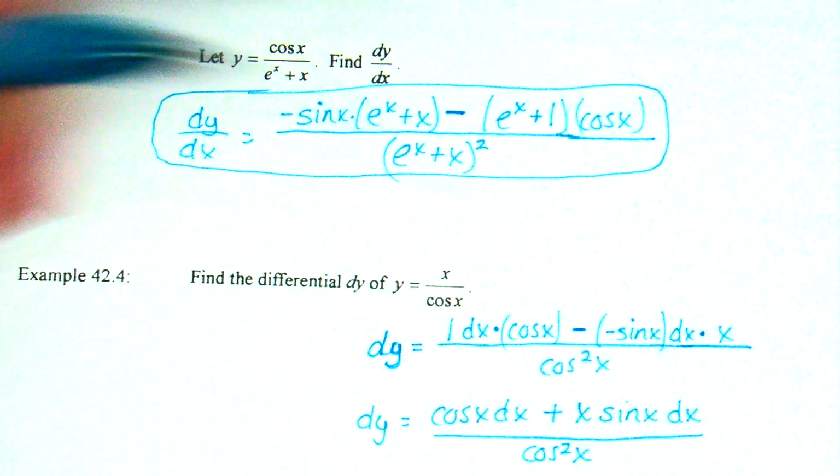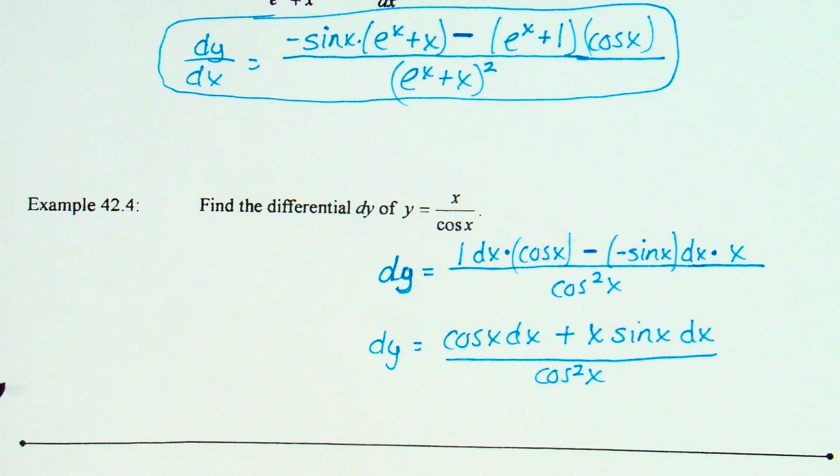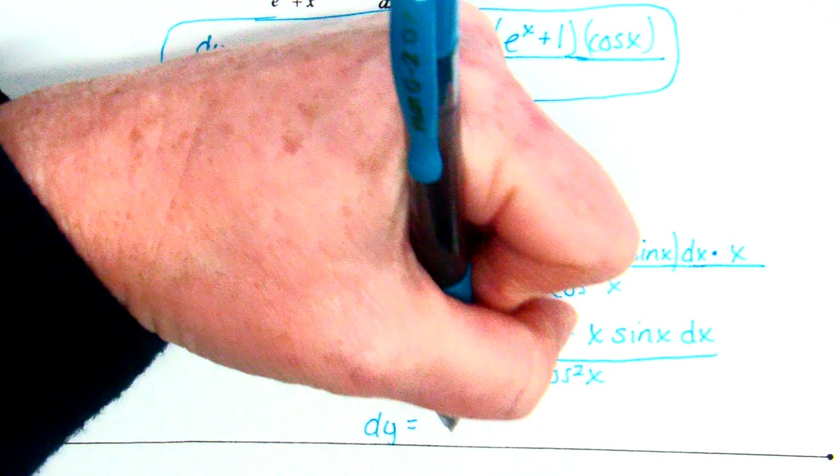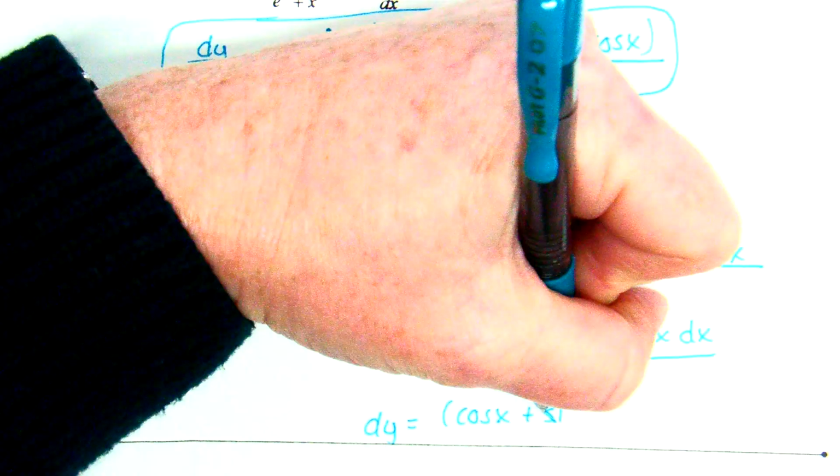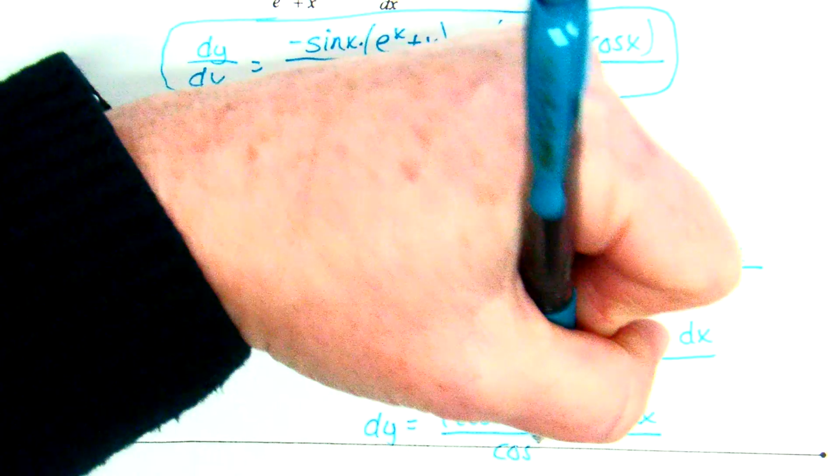It asks us to find dy. About the only thing I would clean up is in the top. We generally don't tend to leave multiple dx's. We tend to essentially factor it out. So dy is equal to, and I like to factor my dx's out the back, so in parentheses, cosine x plus x sine x, times dx, all over cosine squared x.